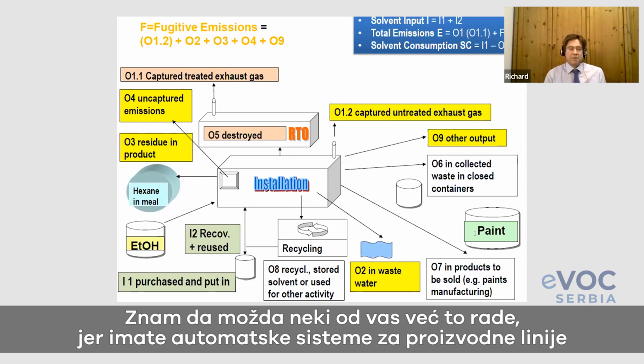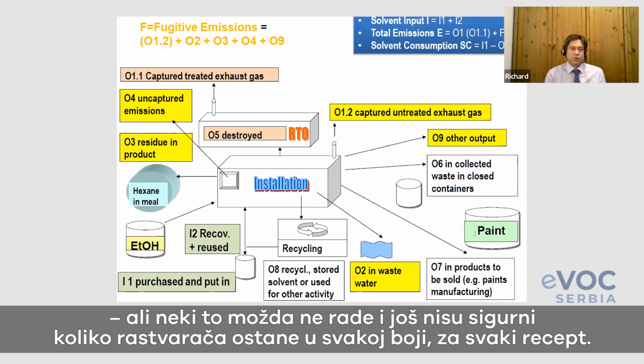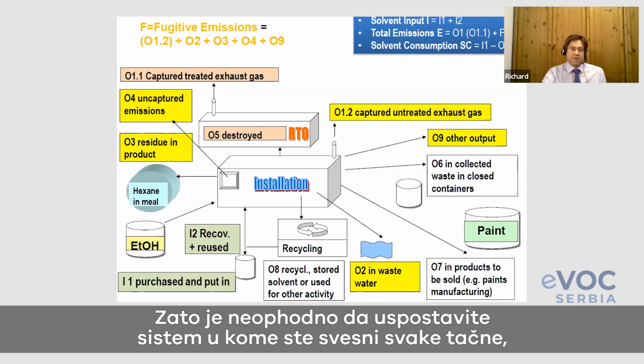I know maybe some of you are already doing it, because you have an automatic system for the production line, but maybe some are not doing it, and some cannot tell exactly how much solvent remains in each paint recipe, and that will maybe cause problems. Here, it is absolutely necessary that you establish a system where you are aware of the exact amount.